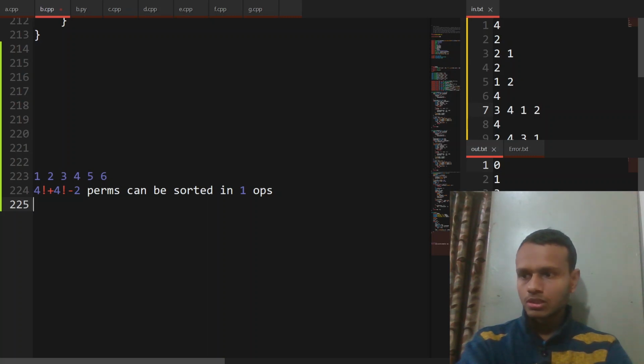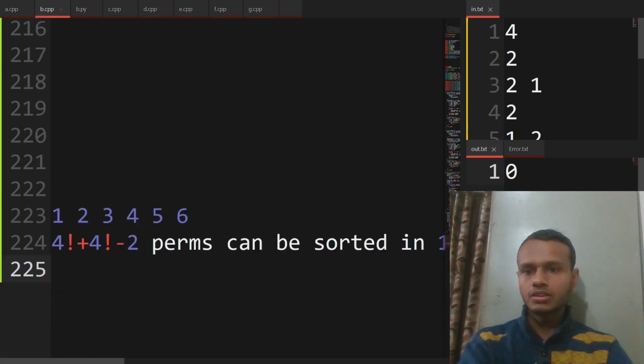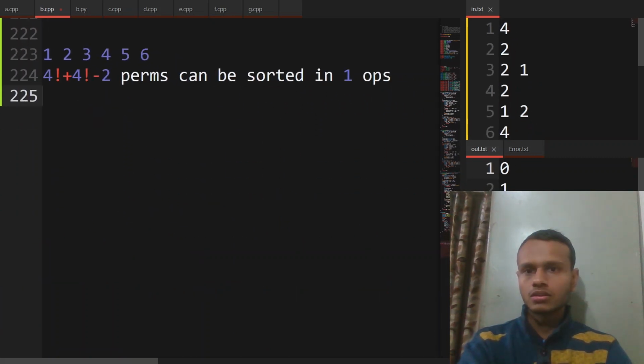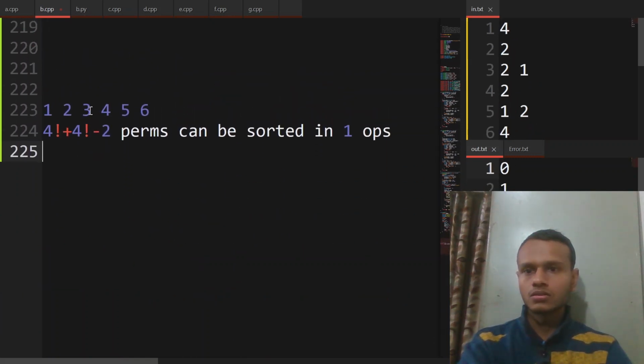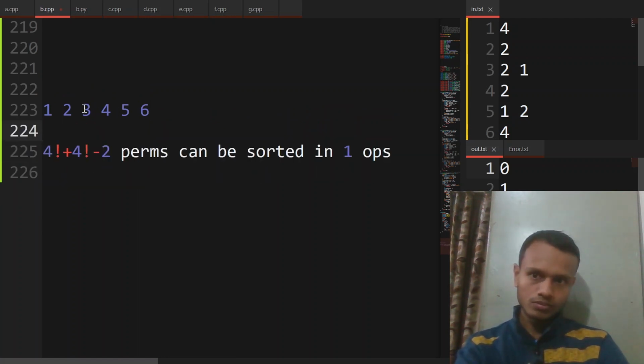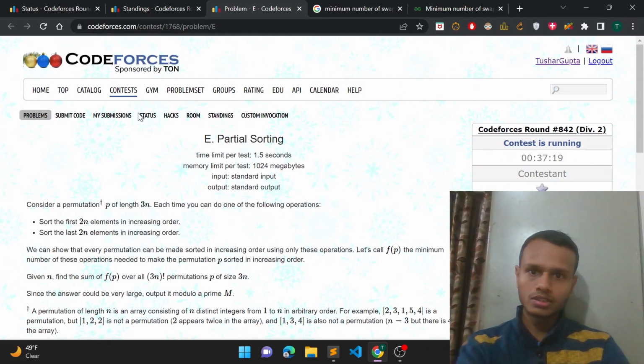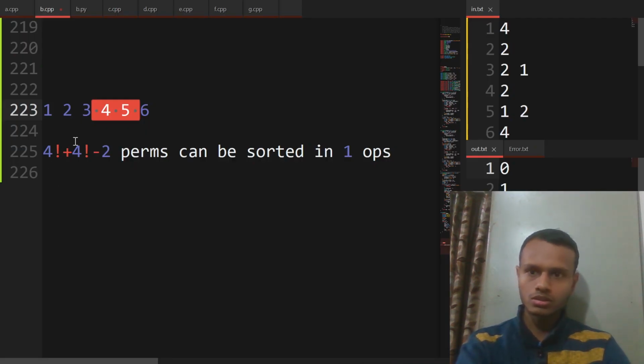So how many will require 2 operations? So 2 operations means either we are performing the first operation on the prefix or we are performing the first operation on the suffix. I'm pretty sure that this was the question, right? That we can perform the operation on prefix, first 2 and or last one.